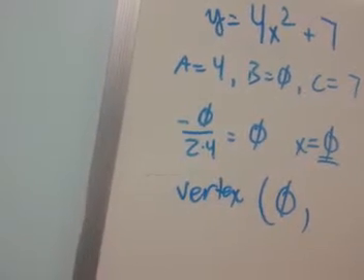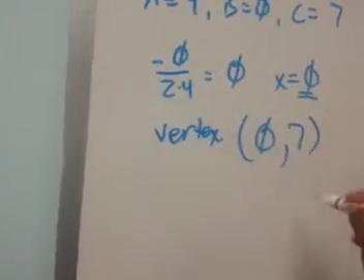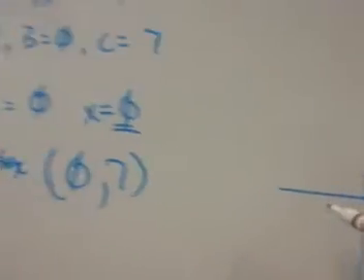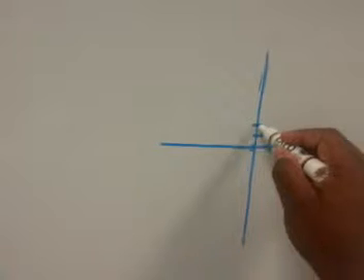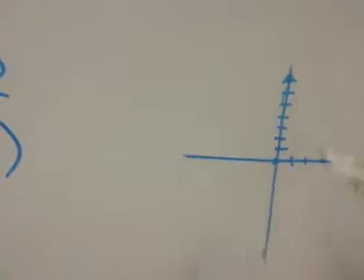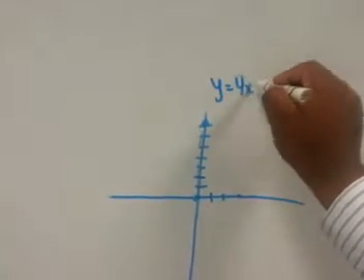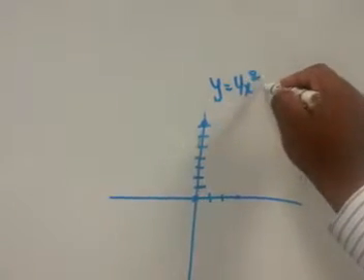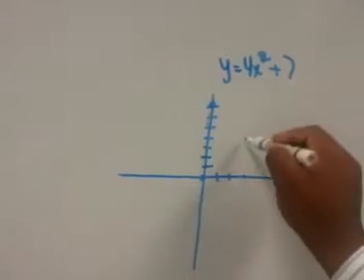So the y value is going to be 7. That's pretty easy. So the point of the vertex is 0, 7. 0, 1, 2, 3, 4, 5, 6, 7. That's the vertex.